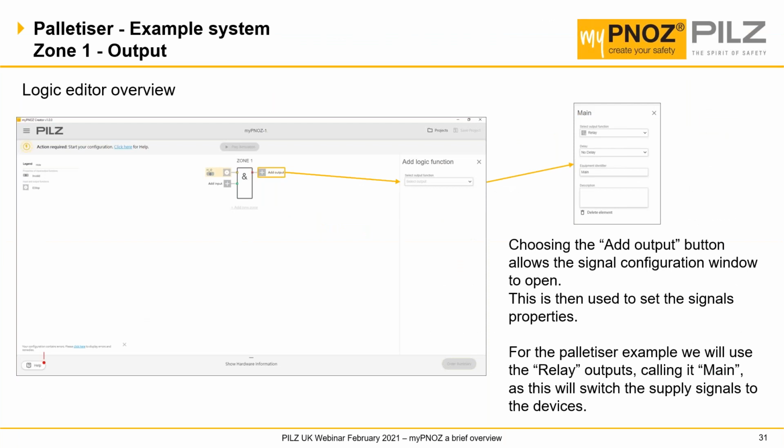So going back to the logic editor, I find it easier to program the outputs first, so I've gone and selected Add Output. This opens up the configuration window and allows us to program it. I'm going to put in a relay output and I'm going to call it main, as this will switch the main supplies signals to the devices.